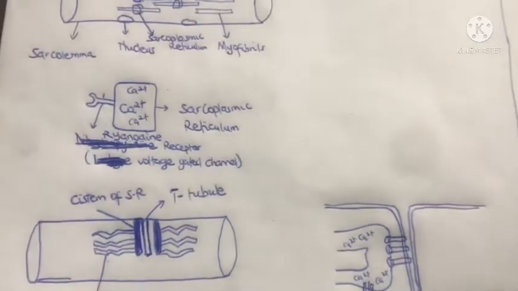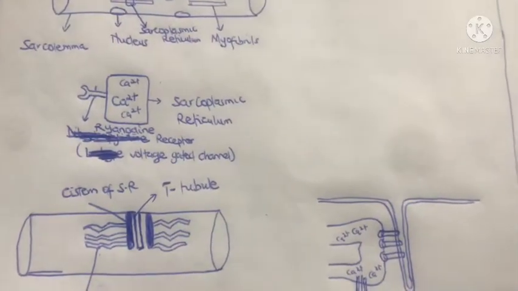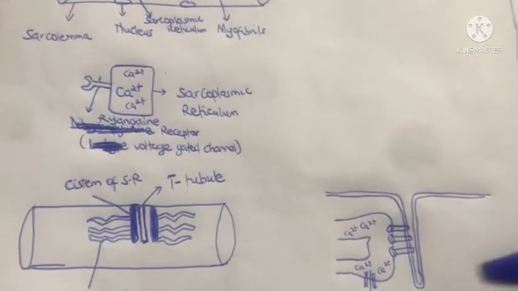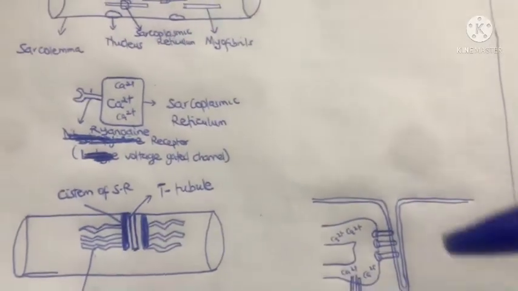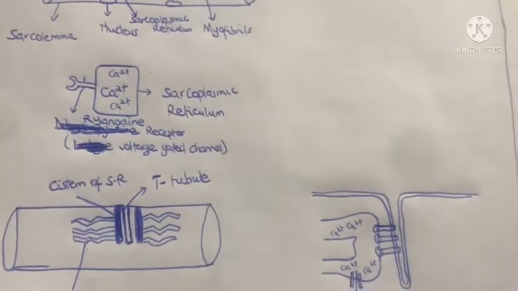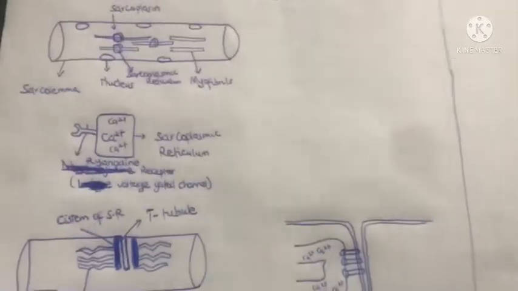And I said that when the ryanodine receptors receive the stimulus, they cause calcium channels to open for calcium to come into the cytoplasm, and calcium will be used in muscle contraction by binding to troponin C. We will look at that. You understand?